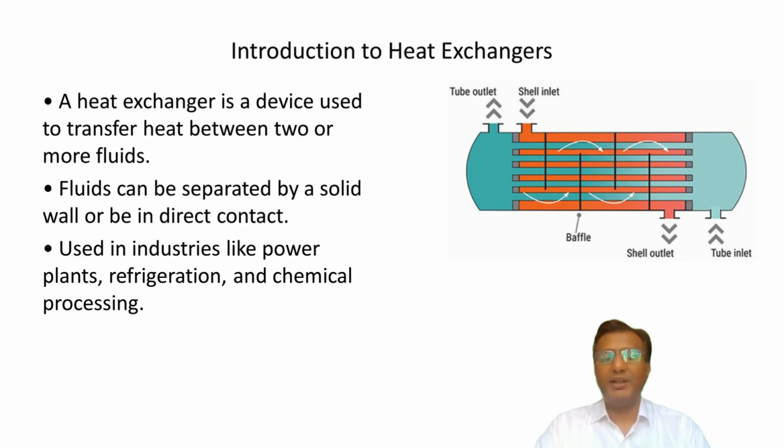For example, in a car radiator, hot coolant transfers heat to air, cooling the engine. Understanding heat exchangers is key to designing systems that balance thermal efficiency, cost, and reliability. So let's explore the working principle to see how heat transfer occurs in these devices.